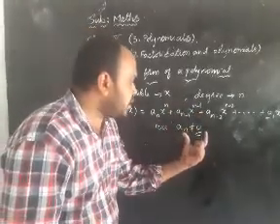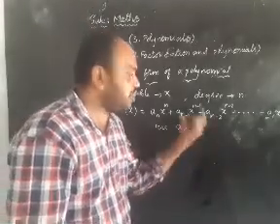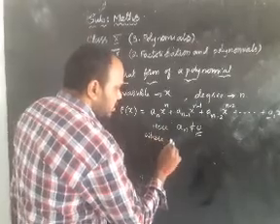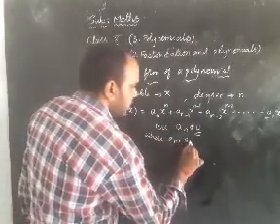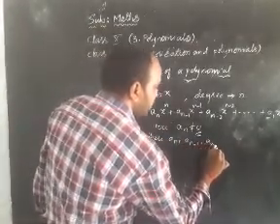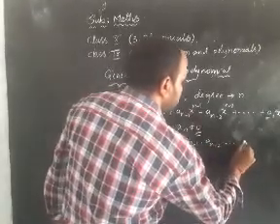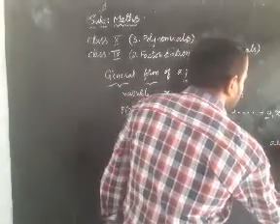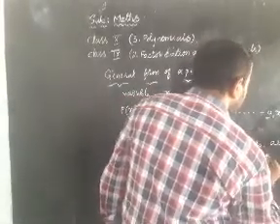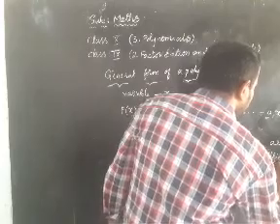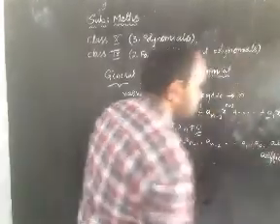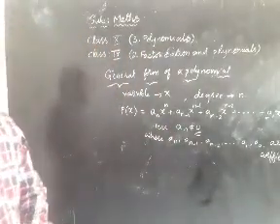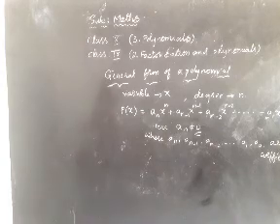So the condition must be an should not be equal to 0, where an minus 1, an minus 2 and so on up to a1, a0 are real coefficients. Real coefficients are nothing but real numbers. This is the general form of the polynomial.